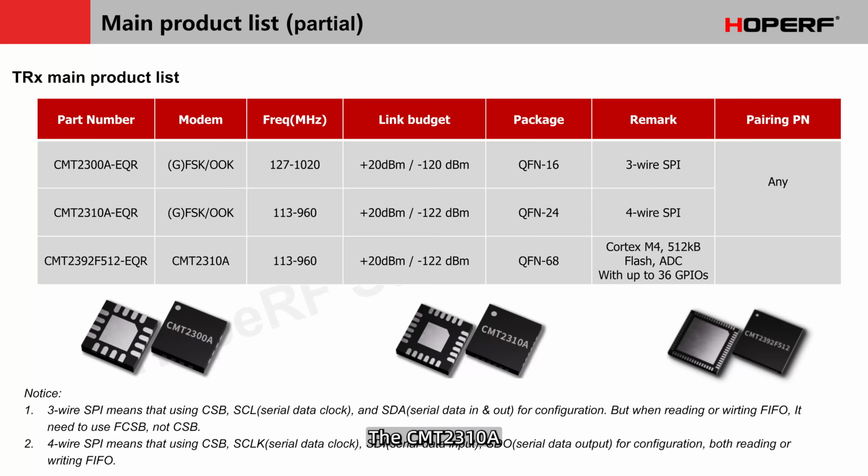The CMT2310A, on the other hand, uses a standard 4-wire SPI, CSB chip select, SCLK, serial clock, SDI, serial data in, and SDO, serial data out. For both registers and the FIFO, you use the same CSB pin.